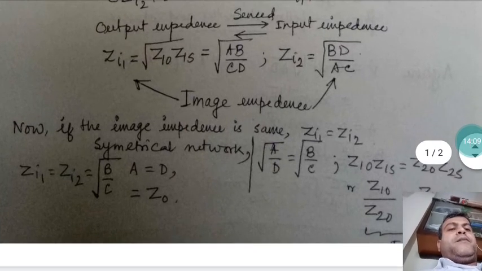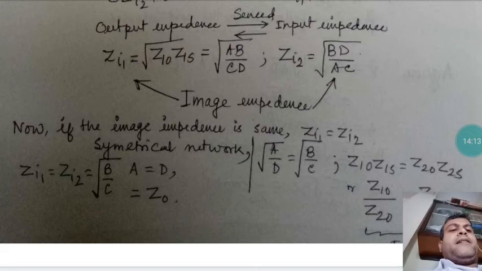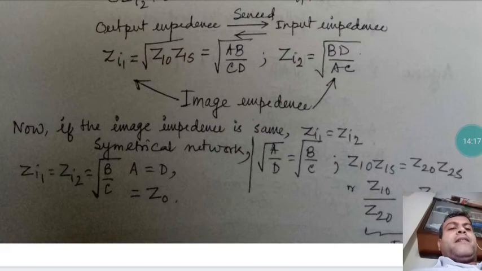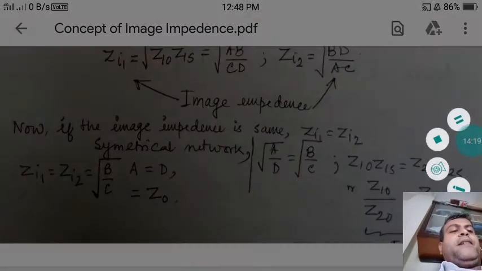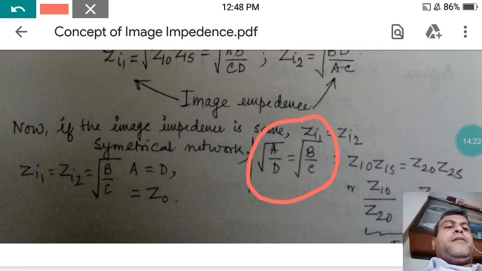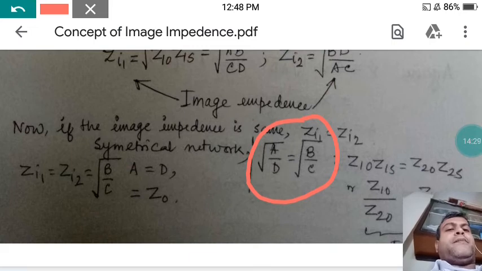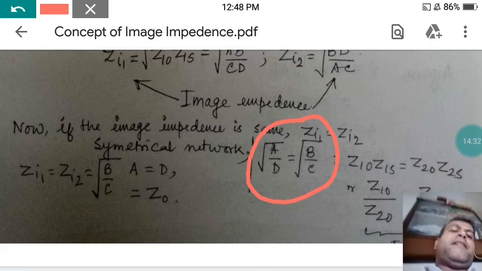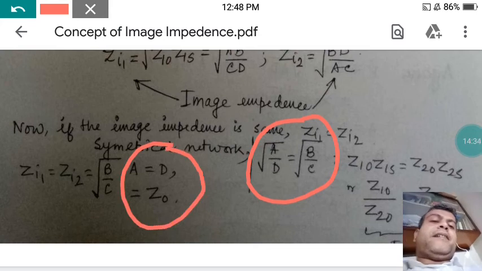If these two impedances, Zi1 and Zi2, are the same, you can easily get that AD minus BC equals 1. That is the basic concept. Here, if you take this into account, it will give you some relation saying that both image impedances are the same. So obviously this particular network is reciprocal, and for the symmetrical case it comes as Z0 like here.